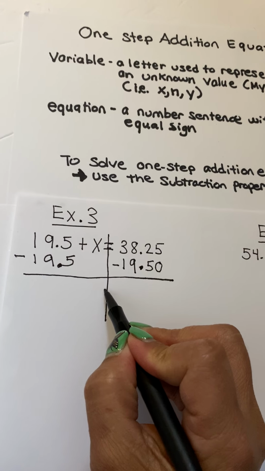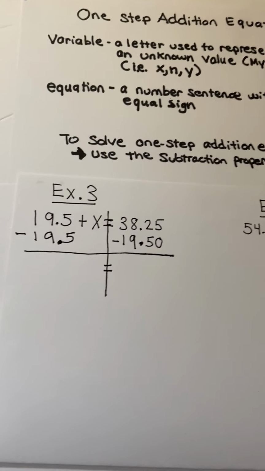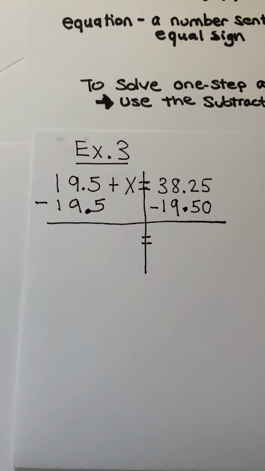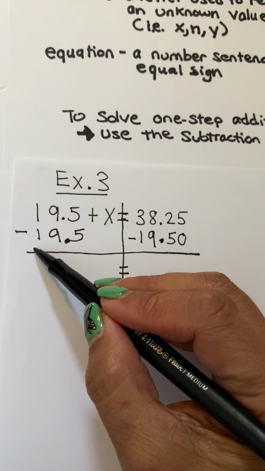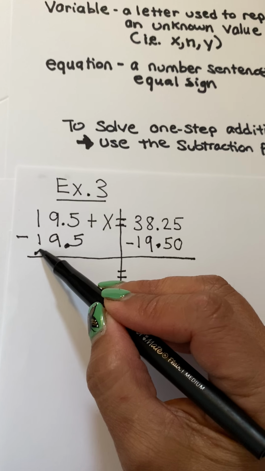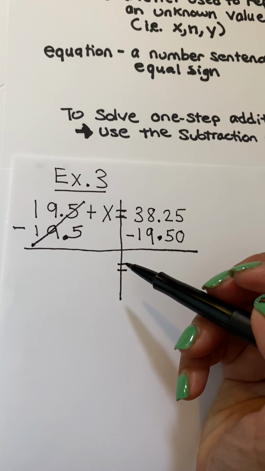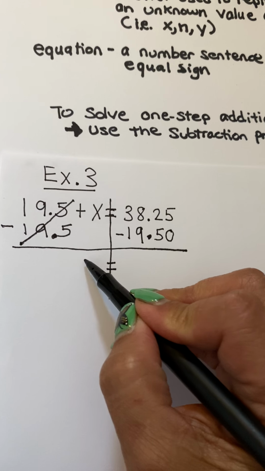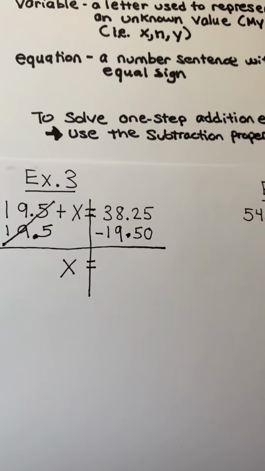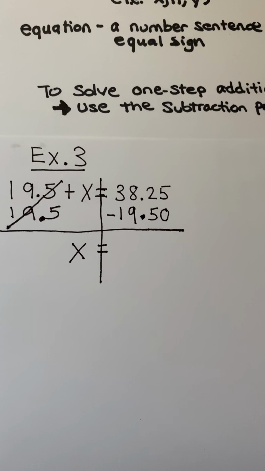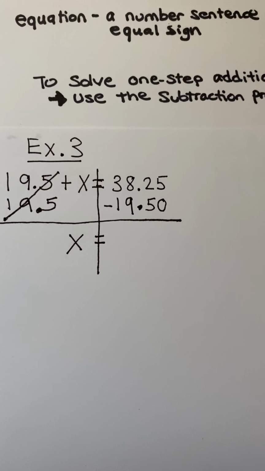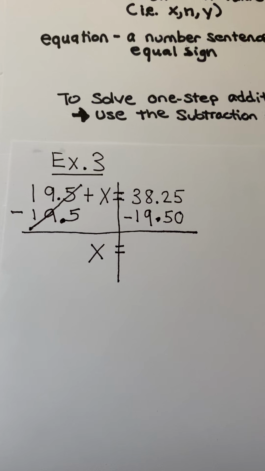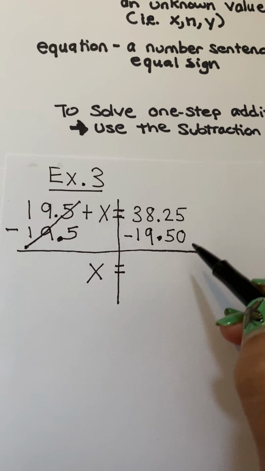And then I'm going to draw a line and write an equal sign in there. So on the left side is where x is, so we'll address that first. 19.5 minus 19.5, that cancels each other out, and you're left with x. Then on the right side, we have 38.25 minus 19.5, and then we wrote the 0 in.